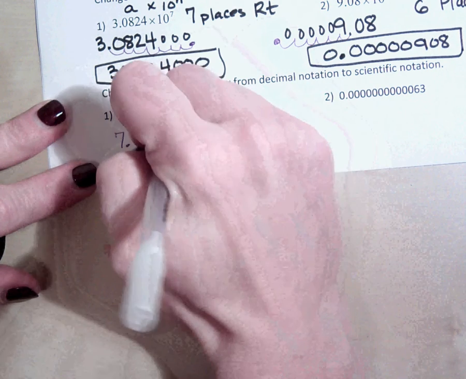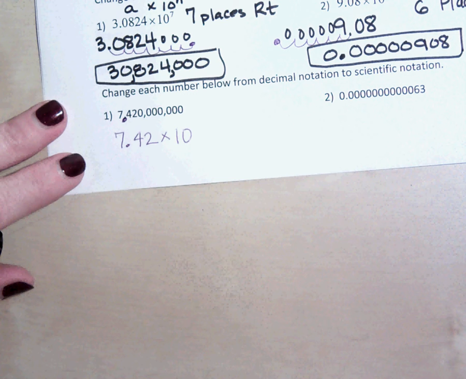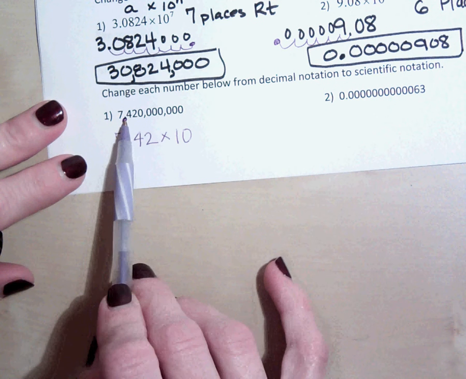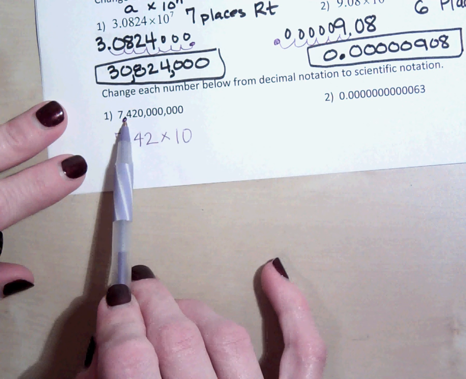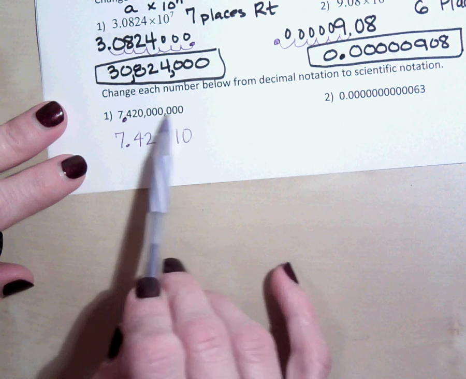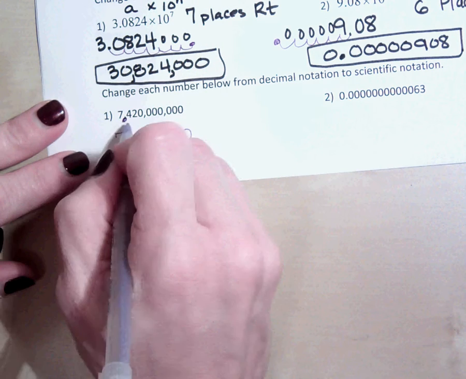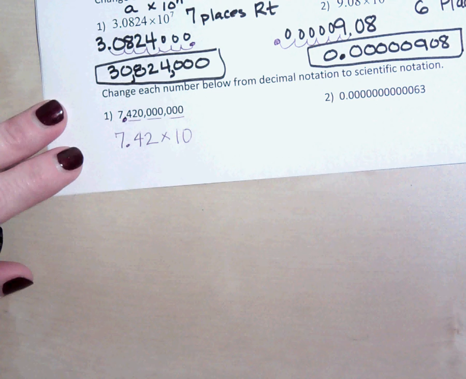Now, I just have to figure out what the power is on the 10. Here I am at 7.42, but remember the actual number is 7,420,000,000. So I look at my decimal point and I have 3, 6, 9 digits to the right of it.